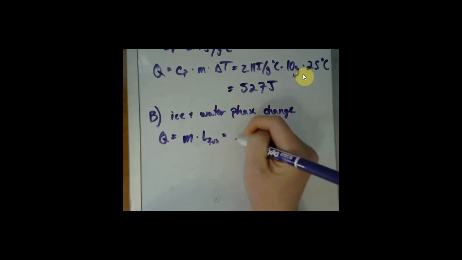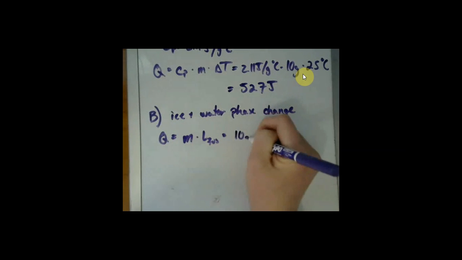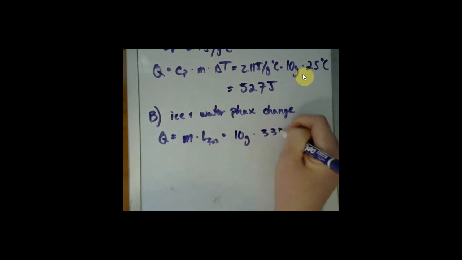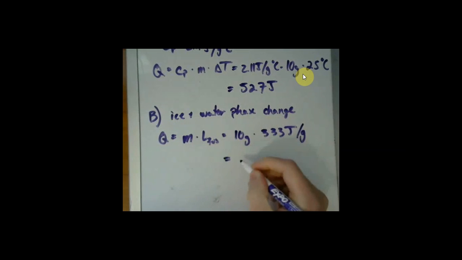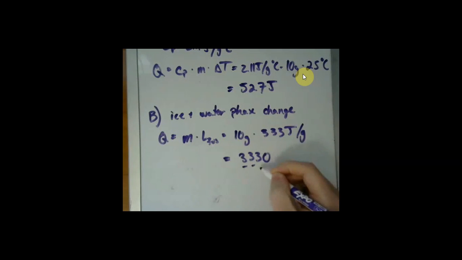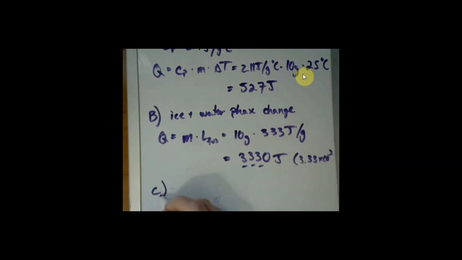That value is, so we have 10 grams times 333 joules per gram. Okay, and that equals 3,330 joules. In your book, it says 3.33 times 10 to the third, and we would agree that if we remember our scientific notation, that is the same value.